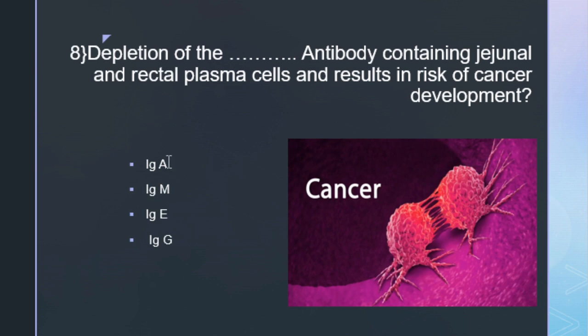The correct answer for this is IgA, because this antibody contains jejunal and rectal plasma cells. IgM is present in blood and lymph, whereas IgE is the antibody for allergic reactions. So the correct answer is first, IgA.